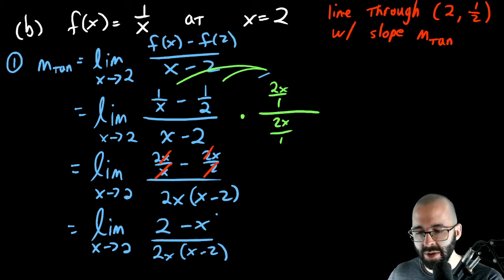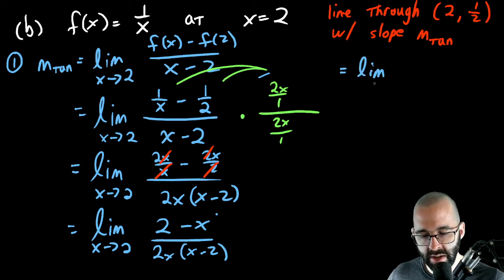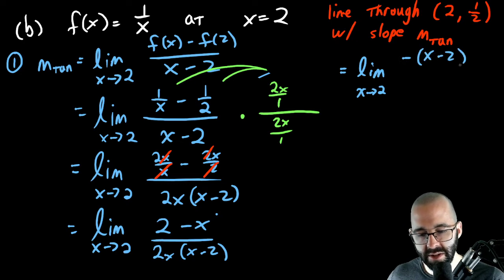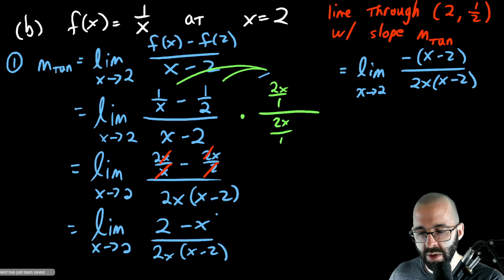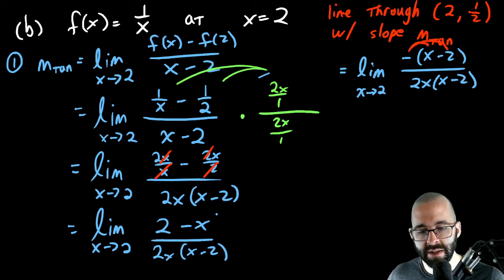All right, so in order to make them the same, we factor out a negative 1 from that numerator. The limit as x approaches 2 of negative x minus 2 over 2x times x minus 2. Well, why can we do that? If we distribute that, we get negative x plus 2.